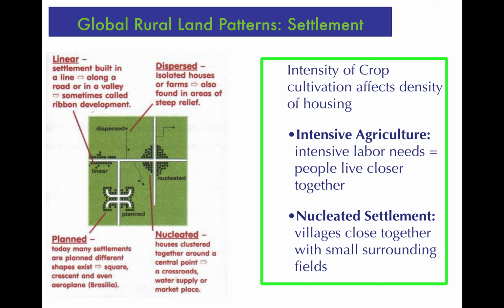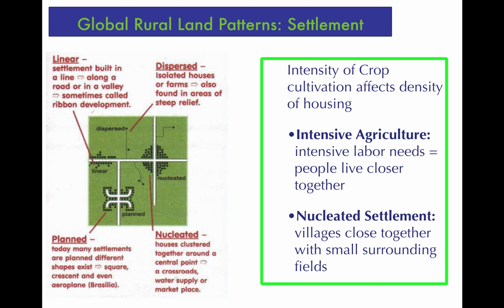So if the entire village is practicing, say, wet rice farming, then the village is going to likely live close together with surrounding smaller fields so that the entire group will exert that labor that's necessary on that area of land. If you need more labor, then it makes more sense for people to live closer together to work that labor on a small area of land. That often leads to nucleated settlements, which you see on the bottom right hand corner.